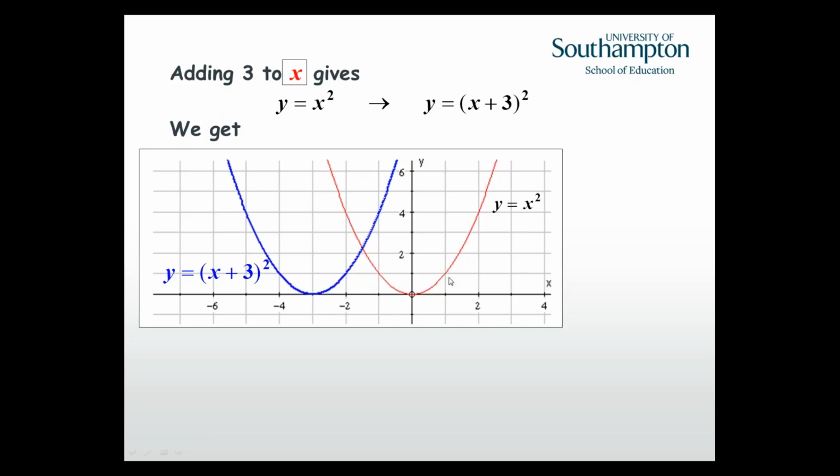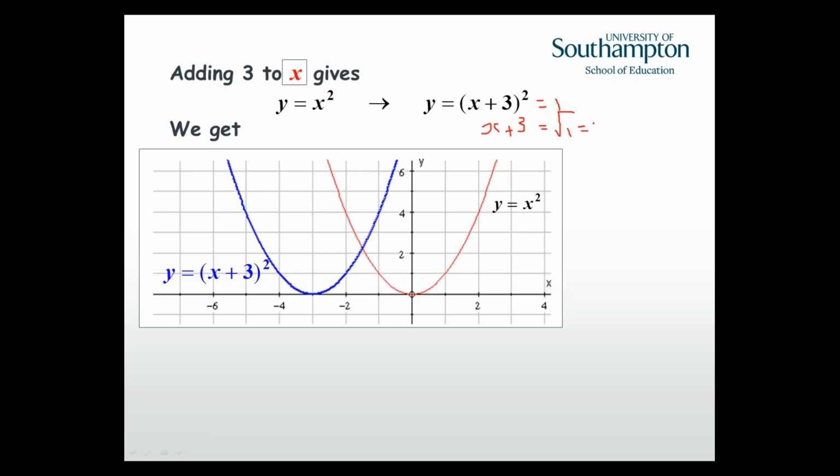In order to get my same value of 1 as my y value here, when x was 1, for this to equal 1 and to solve it, I would need to have that equals 1. So that would mean that x plus 3 is the square root of 1, which is plus or minus 1.